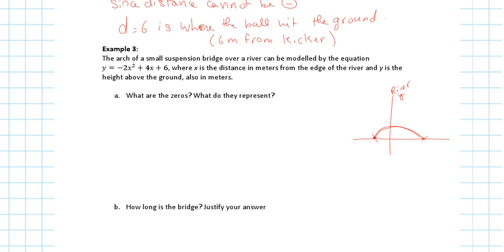Thank you. The start of the bridge and the end of the bridge. Okay. So what do you want to ask yourself right now? What form do you need to put it in?